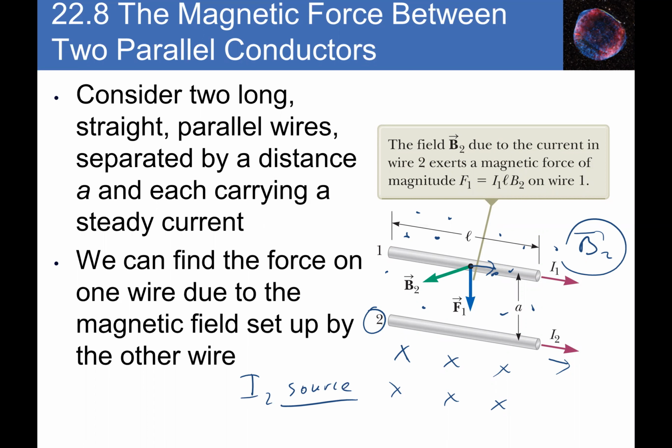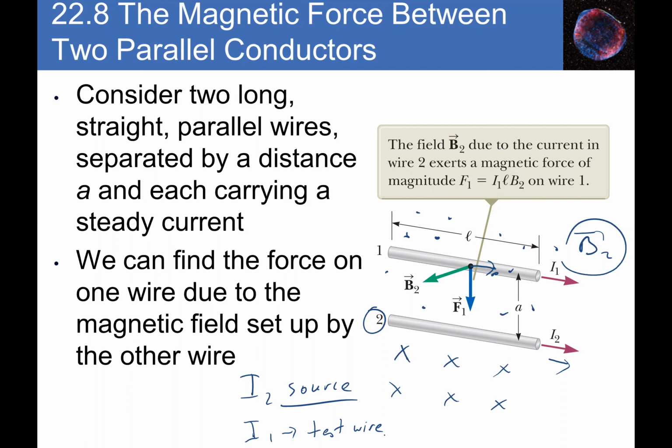And then you can think of current 1, or wire 1, as my test wire. So when I place it in the region of magnetic field B2, there's going to be a force acting on it, and as you can see, this force is acting down toward wire 2. Hopefully this is clear.